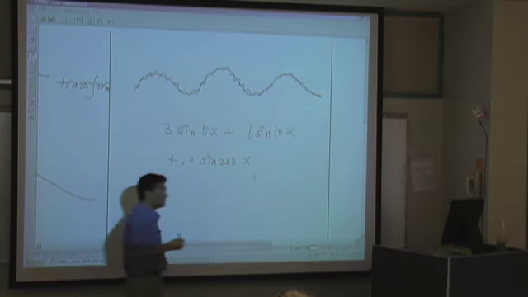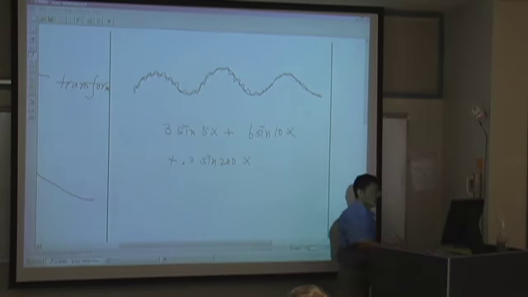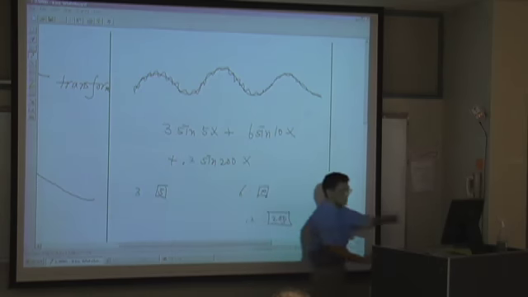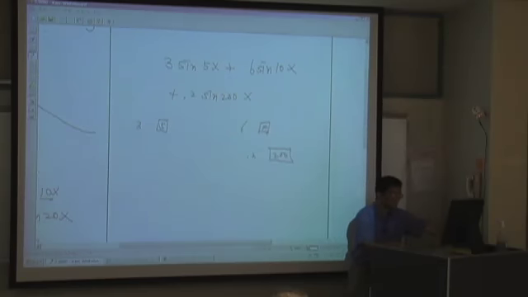Then in your spectrum, you have 3 at the 5 frequency, 6 at the 10 frequency, and then 0.2 at the 200 frequency, right? So you just sketch the spectrum: 0, 1, 2, up to 200 frequency. And then here, at 5, we have 3.